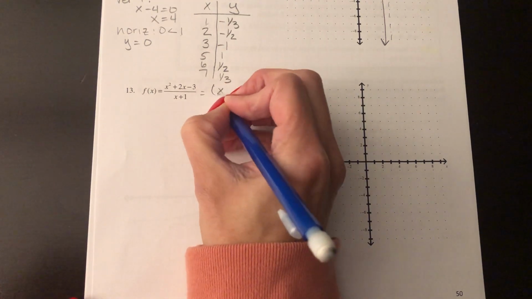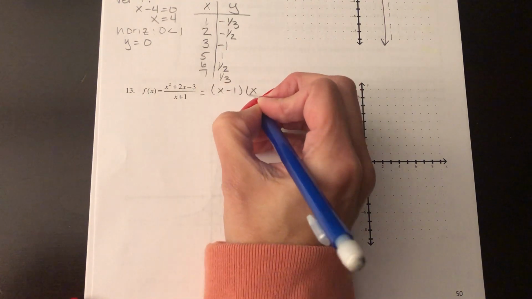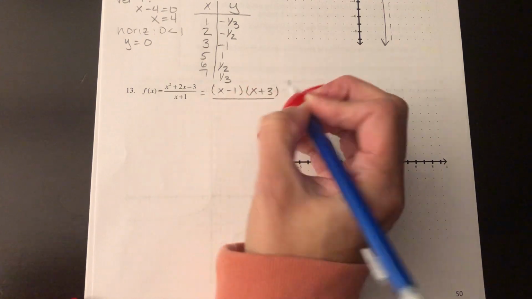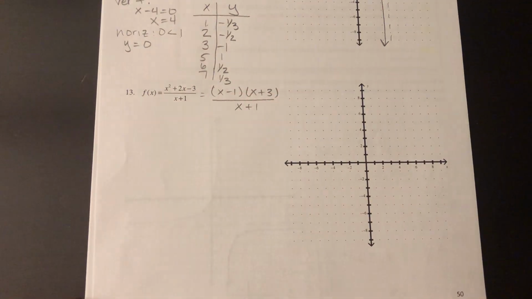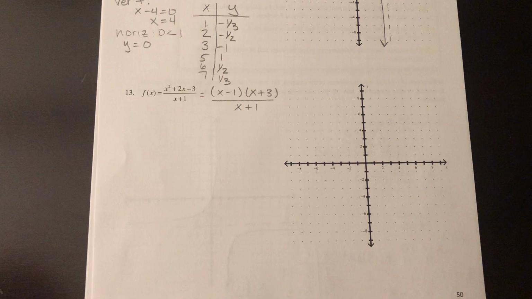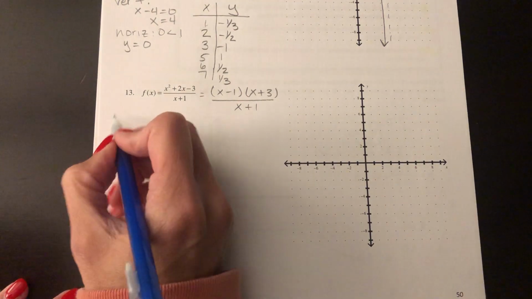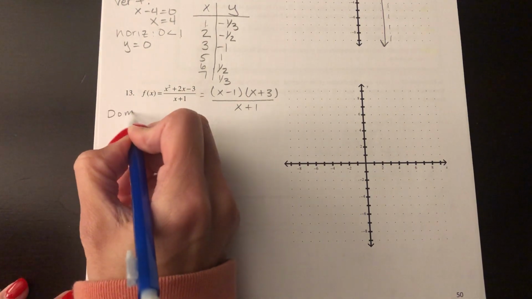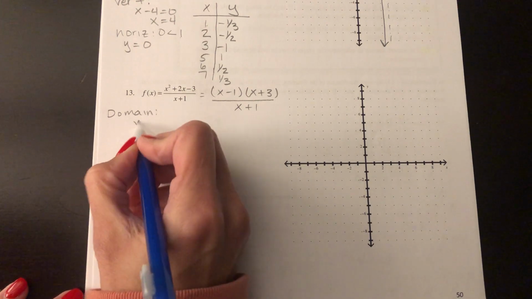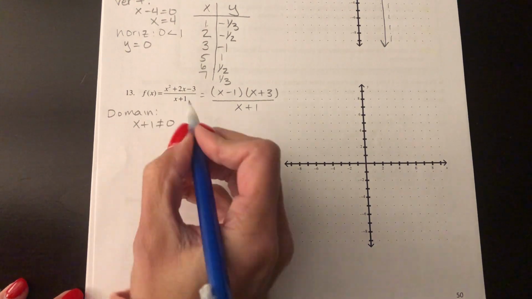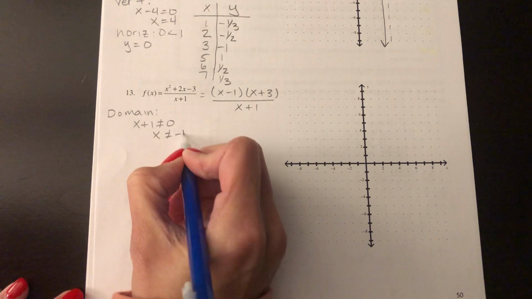Try to factor it, see if we can simplify it down at all. This one, there's no common factor, so this can't be simplified. Check for the domain. Denominator cannot be 0, so x cannot be negative 1.